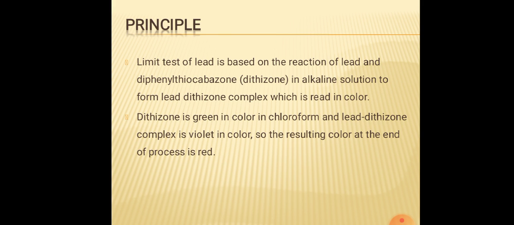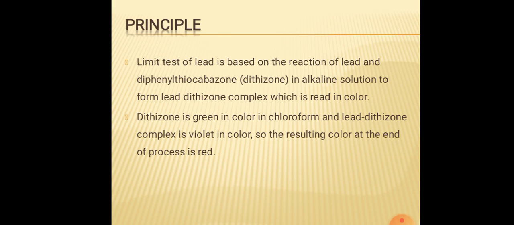So why does the limit test for lead give red coloration? Because for the limit test for lead, we use lead and dithizone compound, and we dissolve it in chloroform.